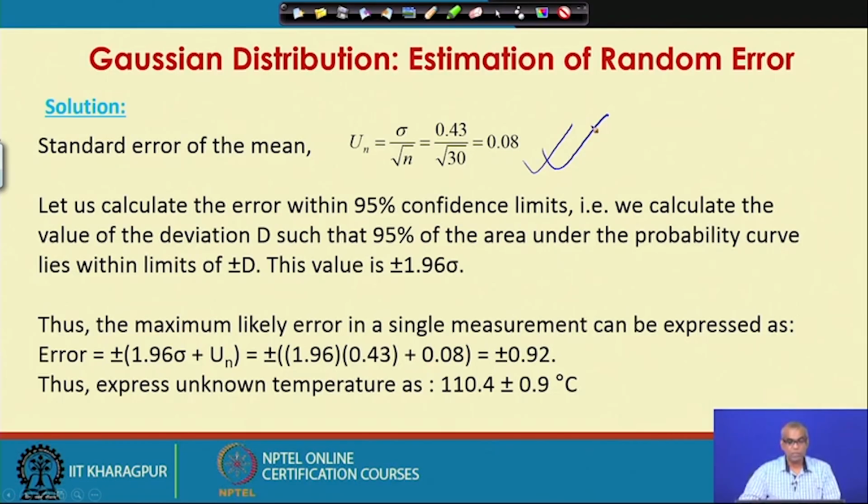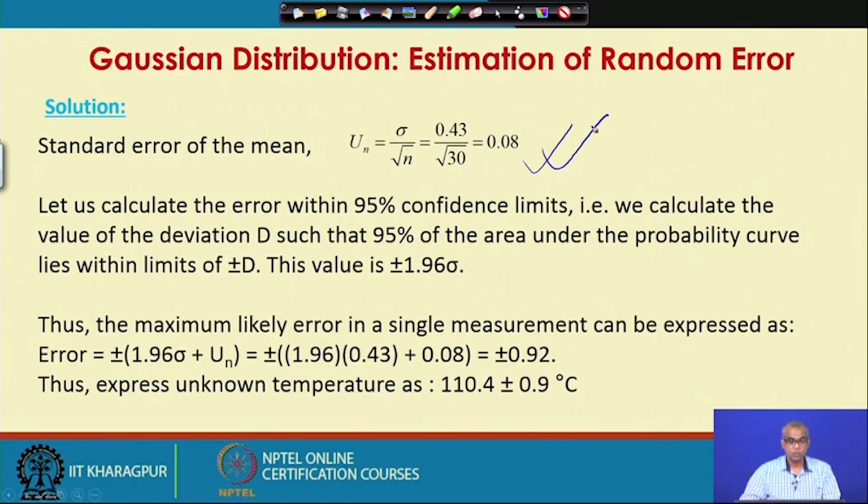Let us now calculate the error within 95% confidence limits. That is, we calculate the value of the deviation d such that 95% of the area under the probability curve lies within limits of plus or minus d. So, this is something which we must understand.